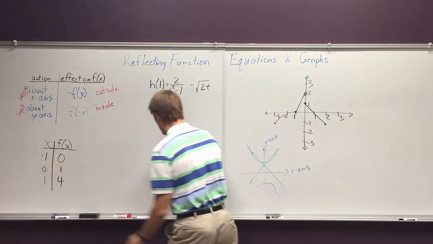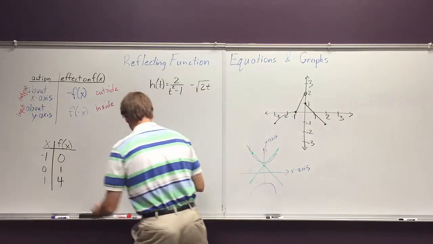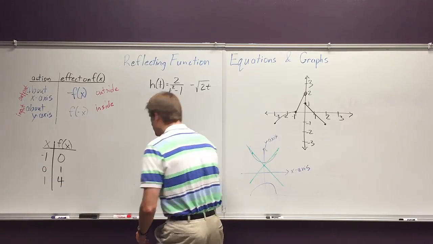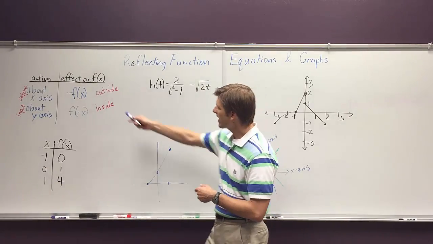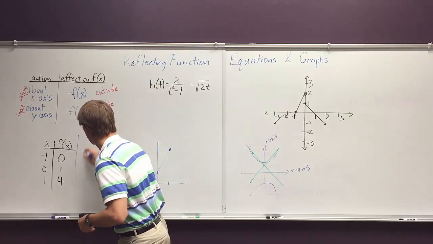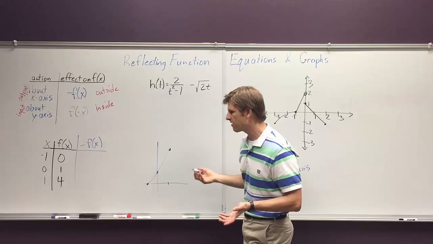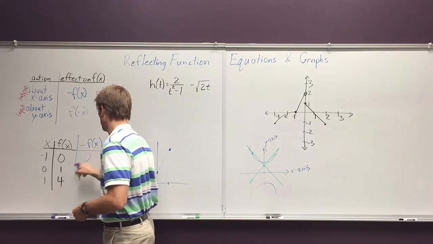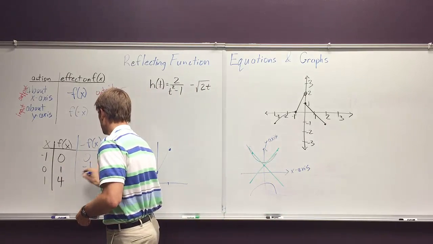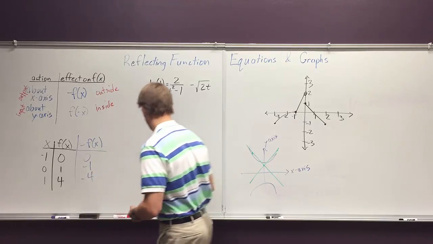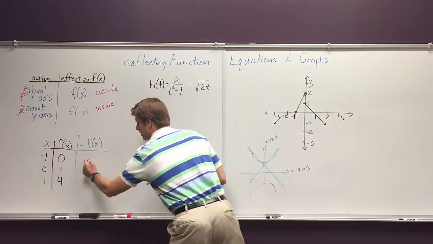Let's just follow a quick example. What happens if you put in negative f of x here? Well, 0 is still 0, 1 is now negative 1, and 4 is negative 4. So what happens there?